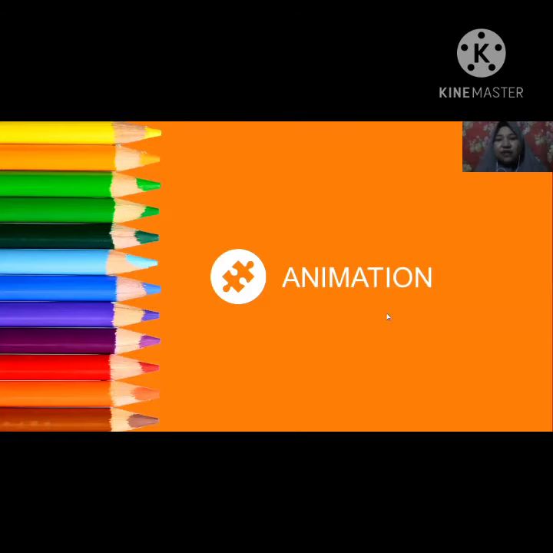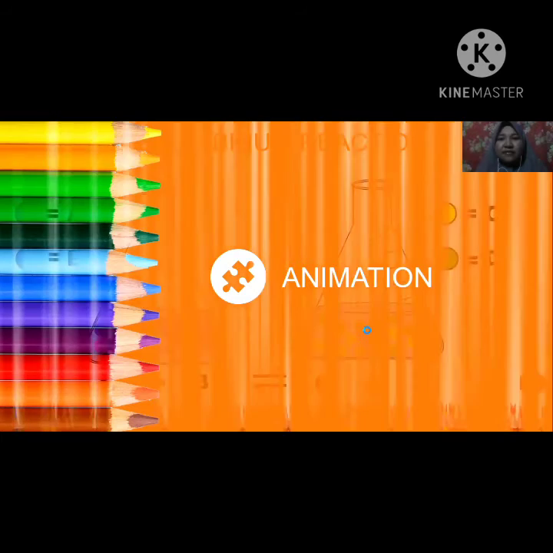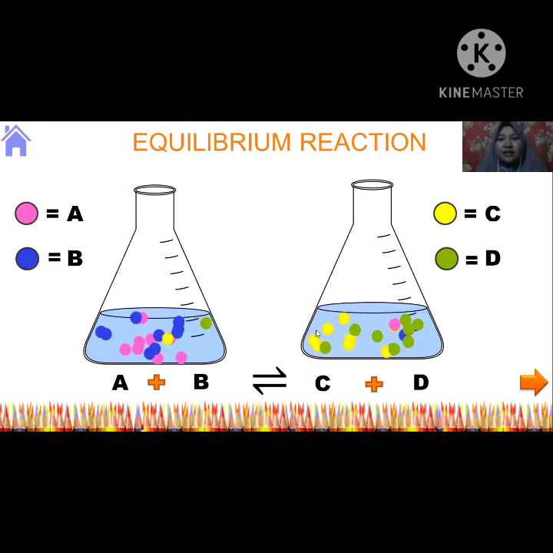To make sure you understand this topic, let's see the animation about this learning. This is the example of an equilibrium reaction.